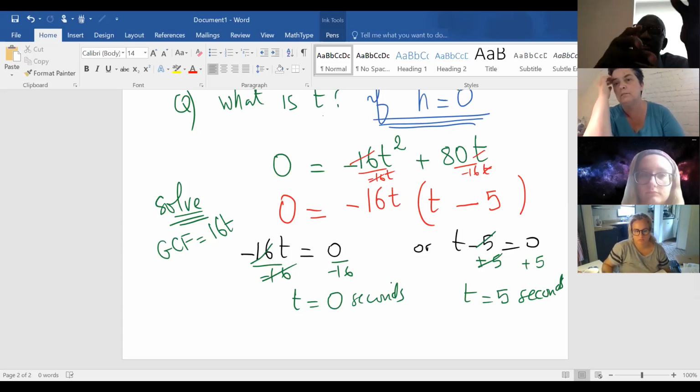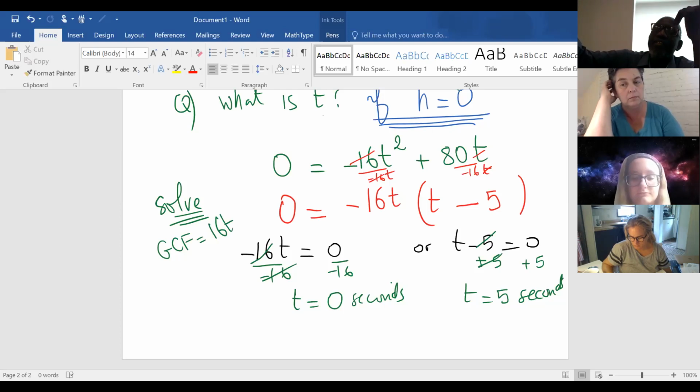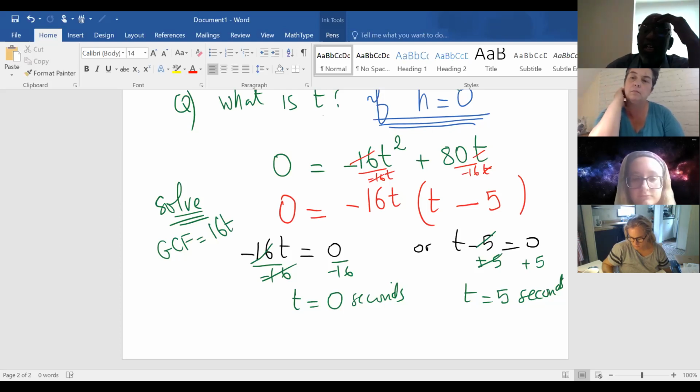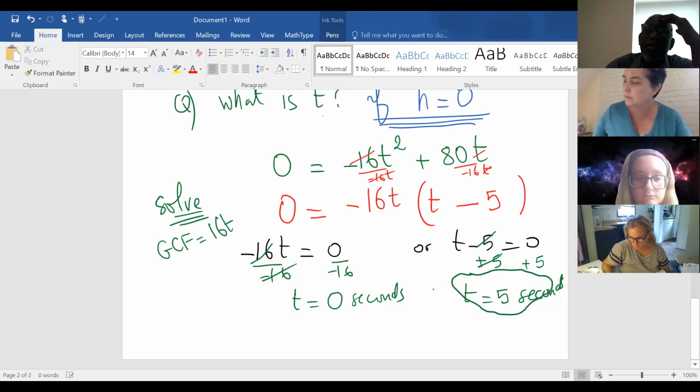That is the 0 second. But since my question is how long it is going to take for the debris to come to the ground, my answer will be this one right here, okay? But we understand where the 0 second comes from: right before the explosion. But that's going to be my answer. That's 5 seconds.